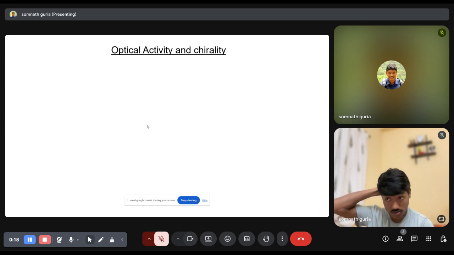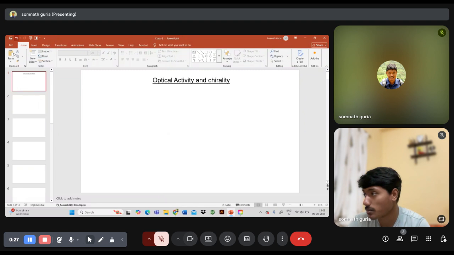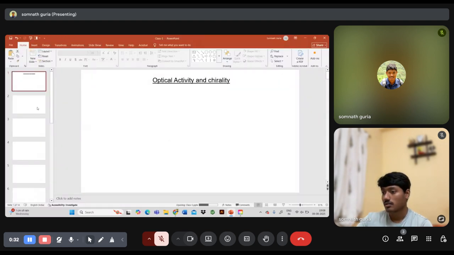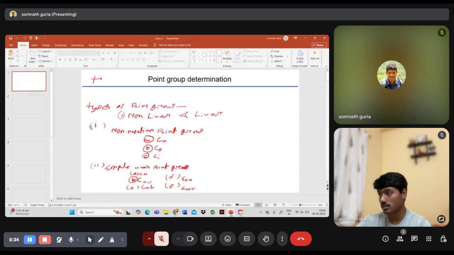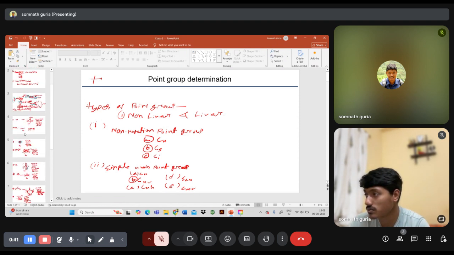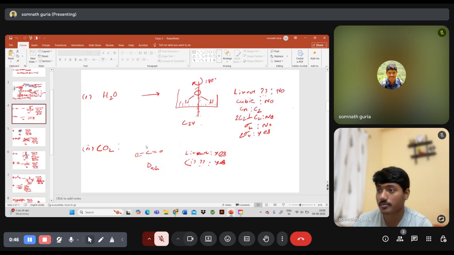So last class we were recapping all those. Let me come back to last class. We tried to find out the different point groups depending on what symmetry elements are present in the molecules.